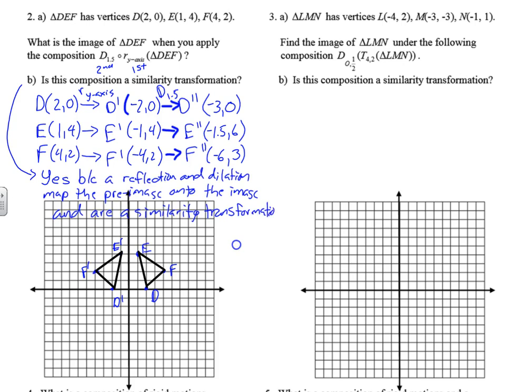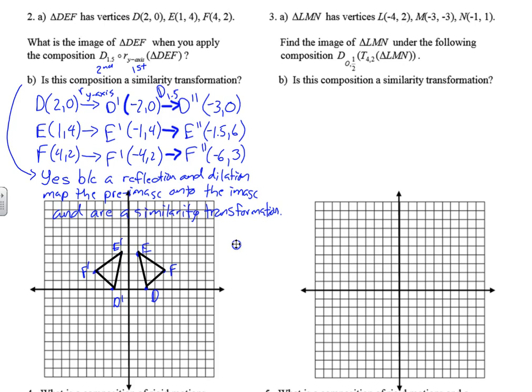So, in other words, whenever it includes a dilation, it's going to be a similarity transformation. So any combination of a rigid motion and a dilation is a similarity transformation. That would be a better way of saying that.